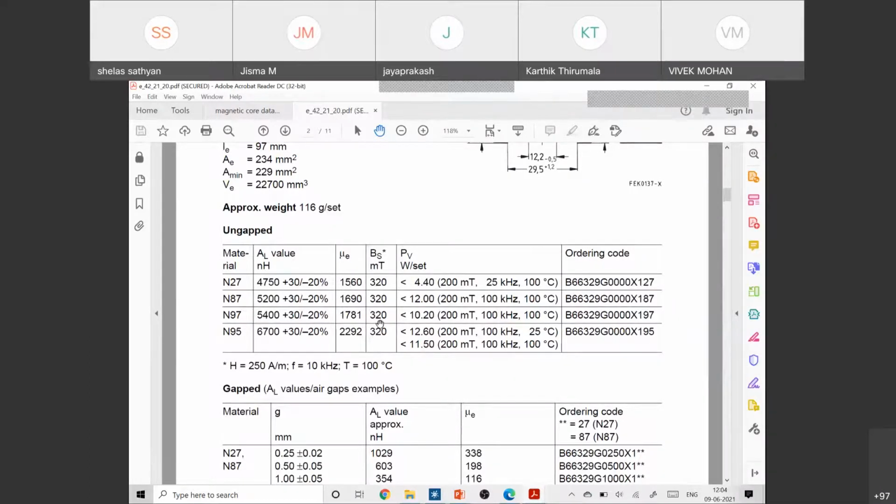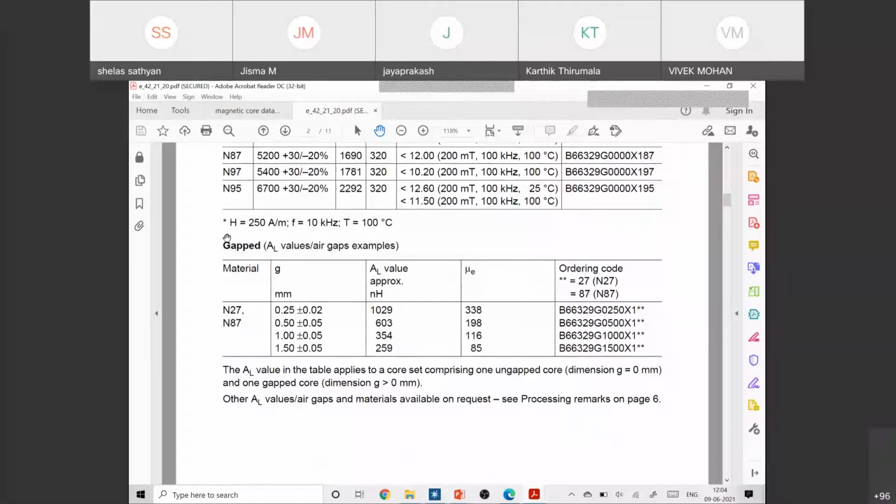The saturation flux density you could see is around 0.32 Tesla. Even though we can go up to 0.45, this manufacturer is limited to 0.32, so our design selection of 0.2 is also good. The core losses are also given at different frequency ranges. It is very small, less than 11.5 watt.